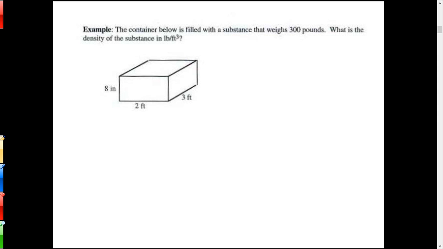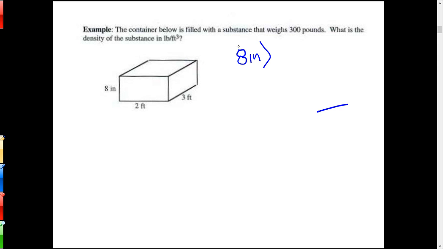How about this one? We've got a box, 8 inches by 2 feet by 3 feet. What's the density of this stuff? Good? Okay, now you've got to be a little careful on this one, because one of those dimensions is in inches.